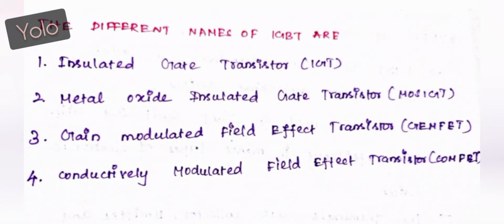The different names of IGBT are insulated gate transistor, that is IGT, metal oxide insulated gate transistor, gain modulated field effect transistor, and the last one, conductivity modulated field effect transistor. These are the names for IGBT.